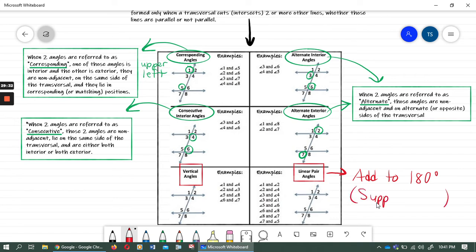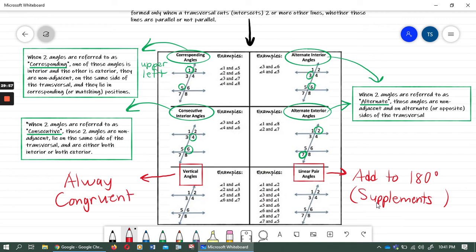Linear pairs are always going to be supplements of each other, and vertical angles, remember, are always going to be congruent to each other. Always congruent, or they'll always have the same measure, right? Okay, yeah, that's sloppy. We have to hurry up.